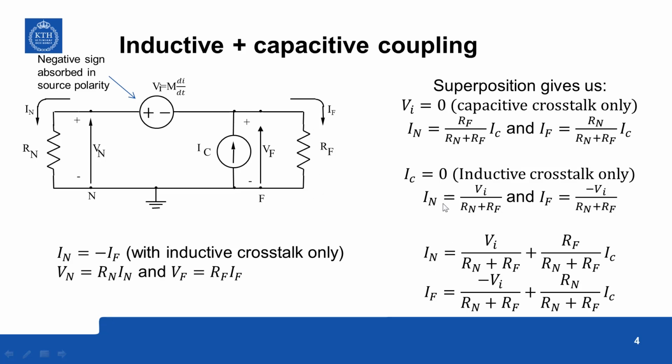So In with inductive crosstalk is Vi divided by Rn plus Rf, and IF is minus that. If you combine these two together, we get the near end current, and this is the far end current. So in general they are not equal. Now let us multiply by the terminal impedances to get the voltages Vn and Vf.